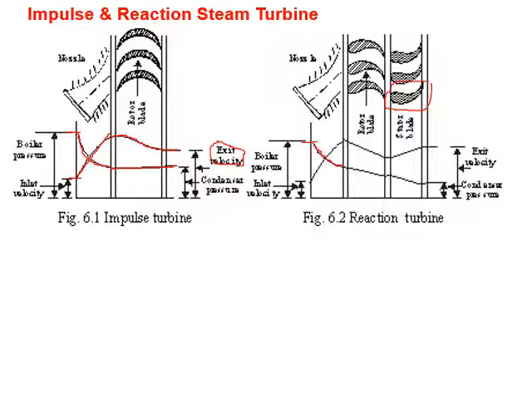Once again we can observe the drop in pressure in a moving blade as well as in a fixed blade. That means in this reaction turbine the pressure is not constant. But in the case of an impulse turbine, the pressure drop occurs only in the nozzles. Thereafter there is no pressure drop and the pressure remains constant, but in the case of a reaction turbine the pressure drop occurs continuously in both fixed blades as well as moving blades.